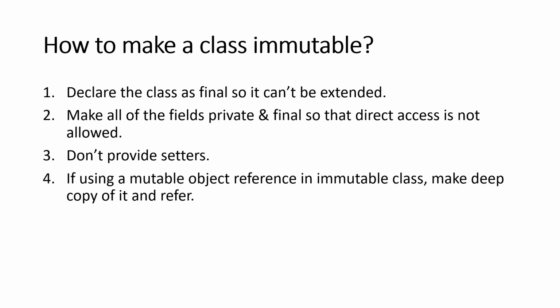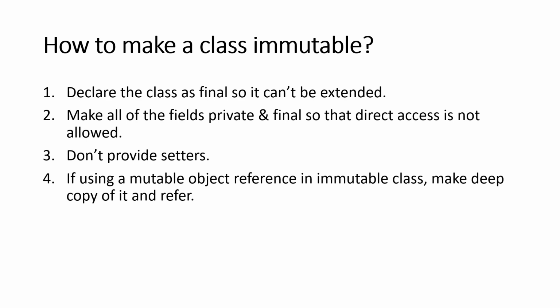The second rule is all the properties you declare final and private so that no one can directly access them, and don't provide any setters. And the final rule is, if you are using any mutable object reference in your immutable class, you make a deep copy. Don't worry, I will make you understand.